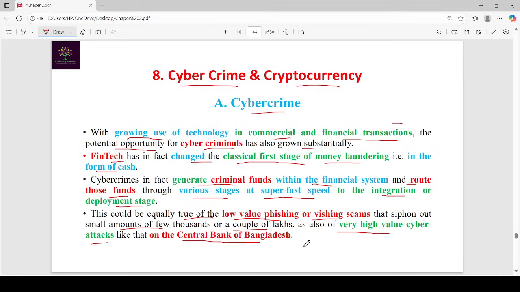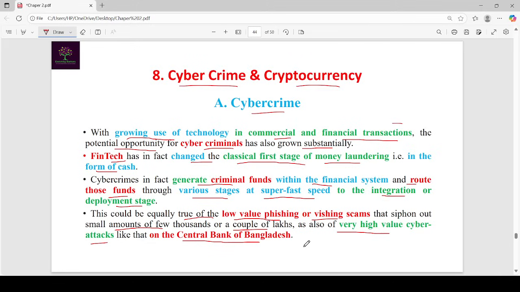After that, they transferred about $100 million from that bank to various countries like the Philippines and Sri Lanka, using Swift transactions.